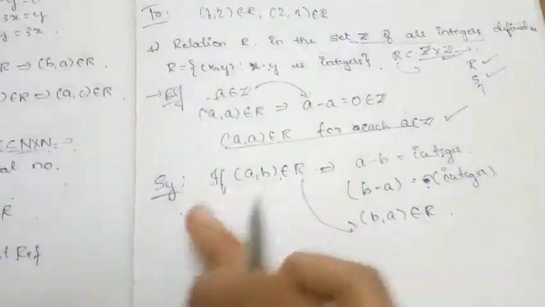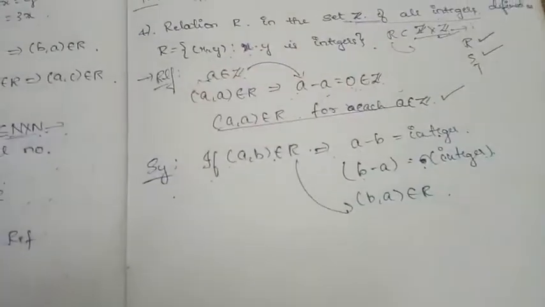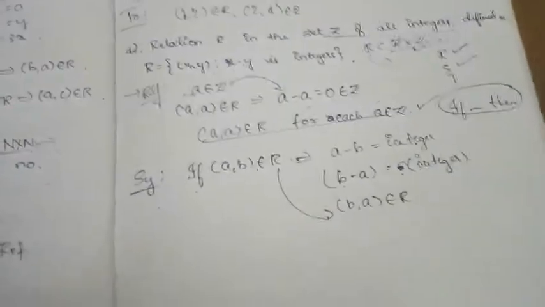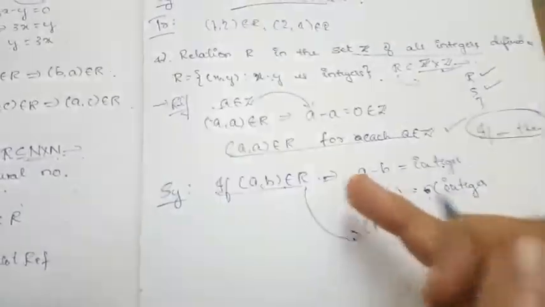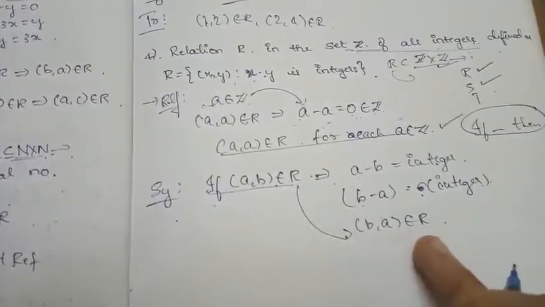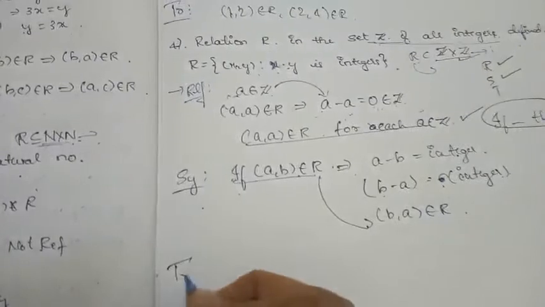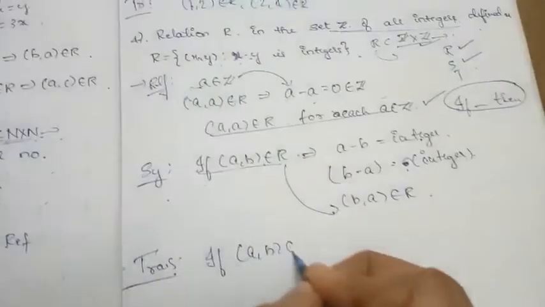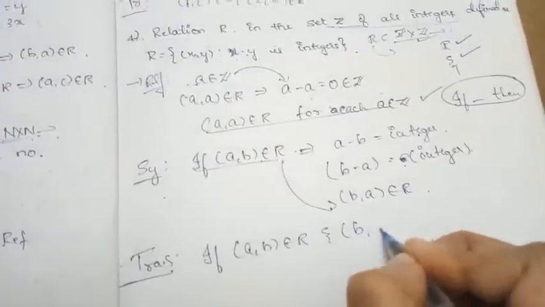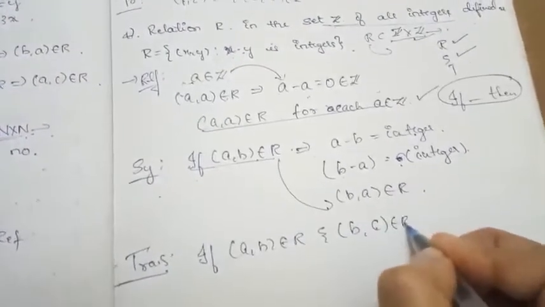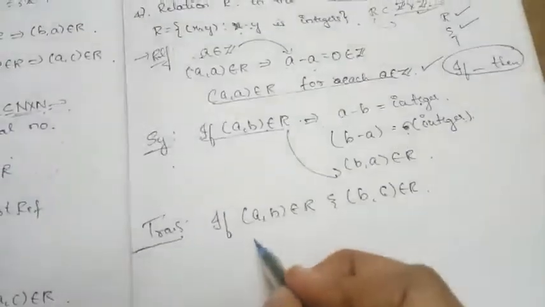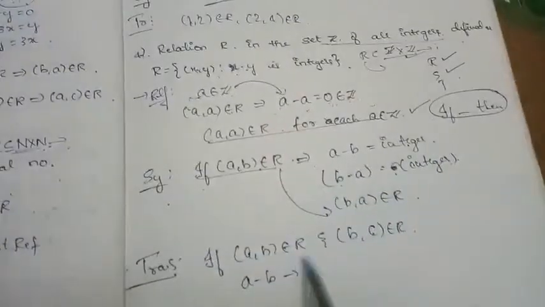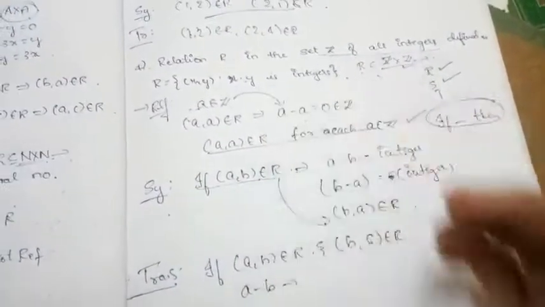So for checking symmetric and transitive, the if-then statement is followed, which we studied in class 11th. If this, then we need to check (b, a) belongs to R. Similarly for transitive, it says: if (a, b) belongs to R and (b, c) belongs to R. If (a, b) belongs to R, what is that relation? x minus y is an integer.